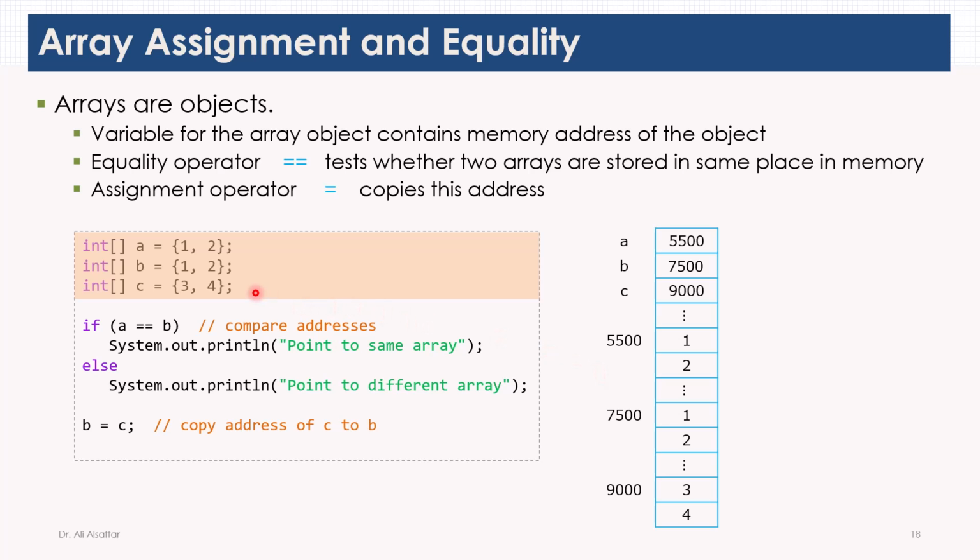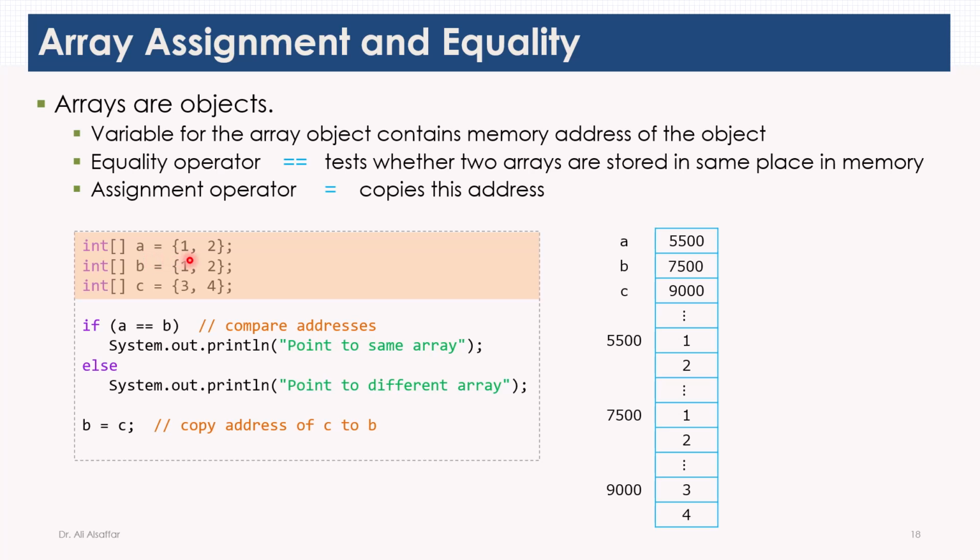And assume that the array B is also saved in the memory in a different place at address 7500. And for the third array, assume that it is saved at address 900. Anytime an array is created, it is placed in the memory and it will have an address. Now what is A holding? A is holding the address of the array.